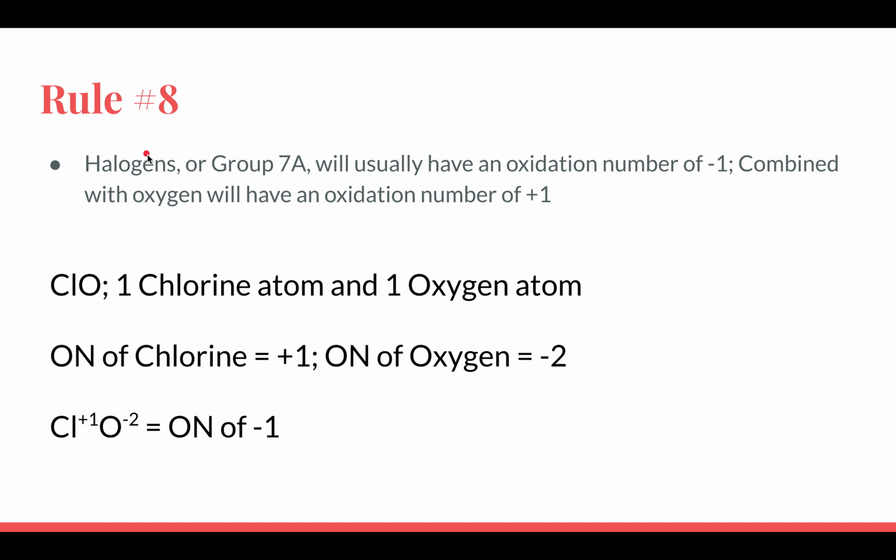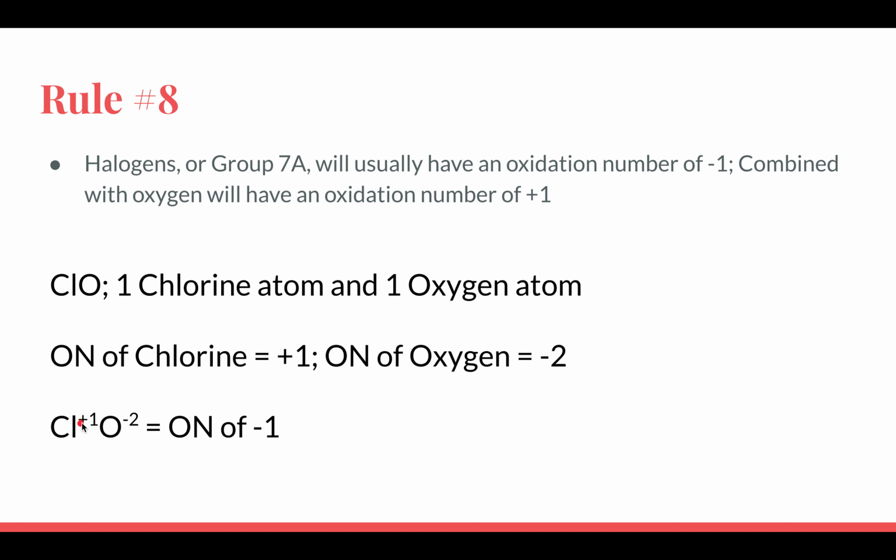Rule 8. Halogens or group 7A will always have an oxidation number of -1. Combined with oxygen, it will have an oxidation number of +1. So we have one chlorine atom and one oxygen atom. The oxidation number of chlorine would equal +1 because it is combined with oxygen, and the set rule is oxygen is -2.